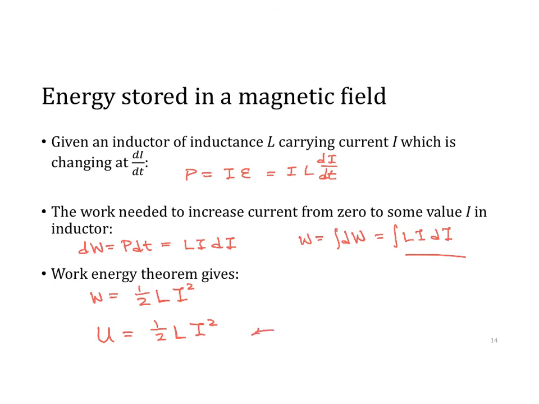If we take our potential energy to be 0 when our current is 0. So this is our potential energy stored in an inductor. You can go ahead and compare that to the potential energy stored in the electric field of a capacitor. That was 1/2 C times V squared, and you'll see that the form looks very similar.